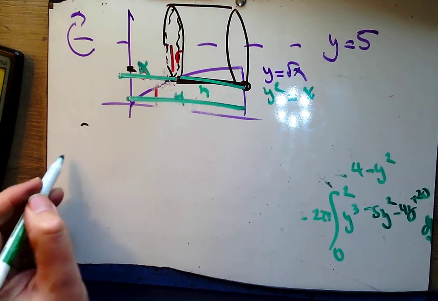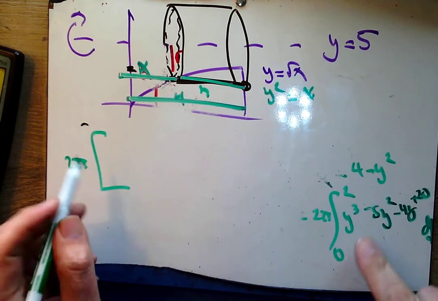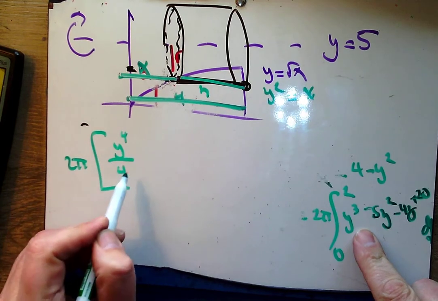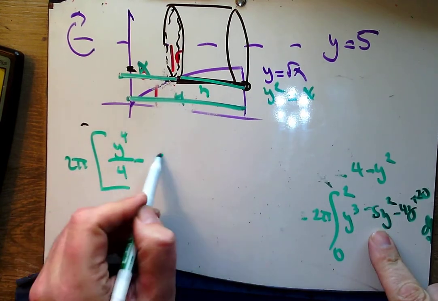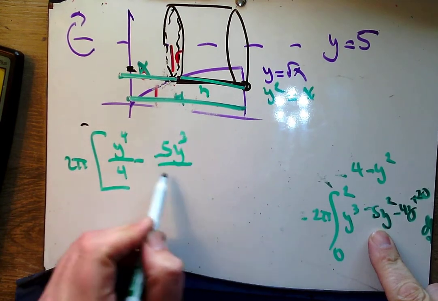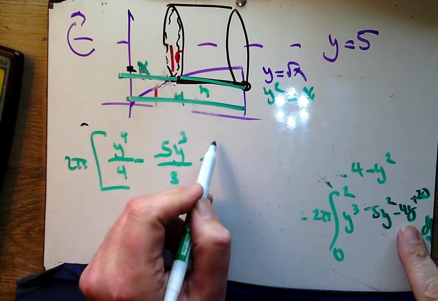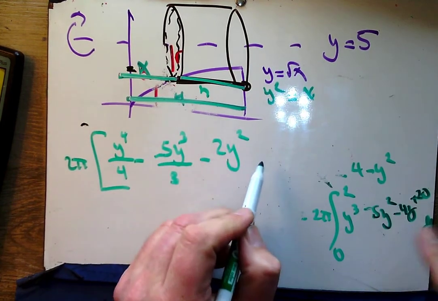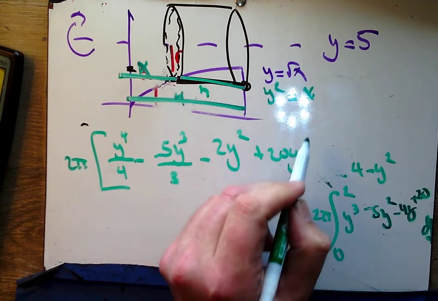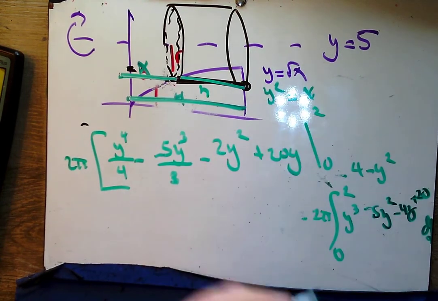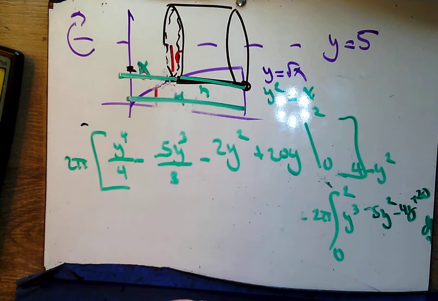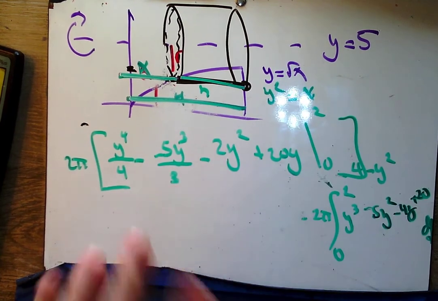And that's going to be 2 pi times y to the fourth over 4 minus 5y to the third over 3 minus 2y squared plus 20y from 0 to 2. Okay, plugging in a 0, nothing.